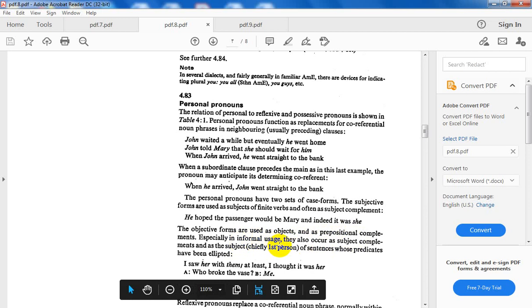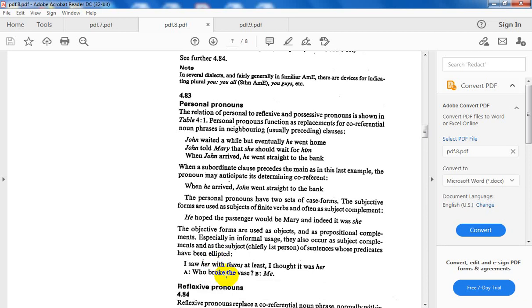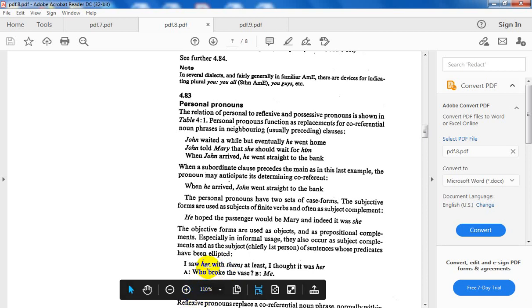Especially in informal usage, they also occur as subject complement. We say 'it's me who broke the vase'. Me is the objective form here, but it is informal; formally we should say 'it's I'. For example, I saw her: her is an objective pronoun functioning as direct object.